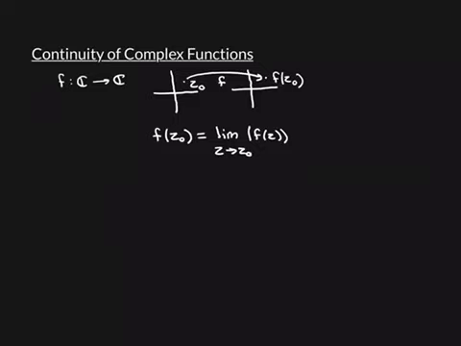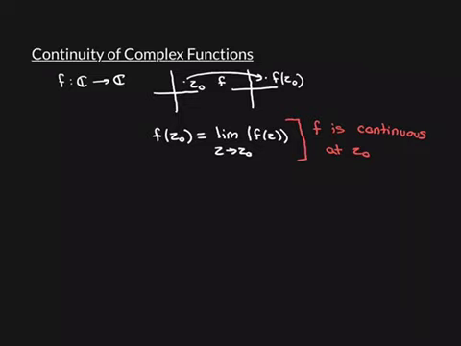If the value that you map z0 onto is the same as the value that you would expect to map z0 onto by looking at the points surrounding it, which remember is what the limit means, then we say that the function f is continuous at z0. So I might just change colour. So if this is true, then we say f is continuous at z0.